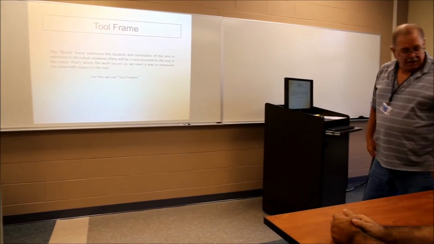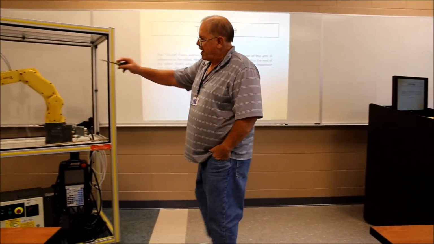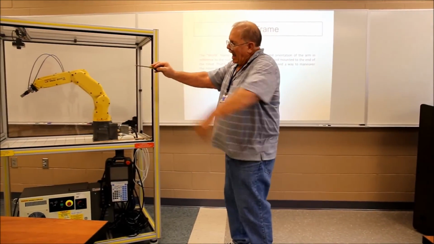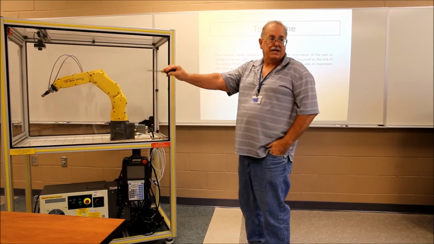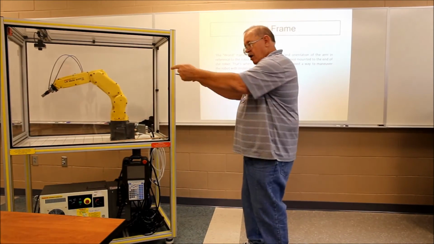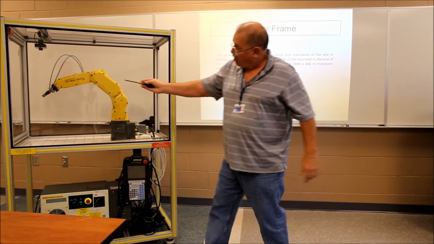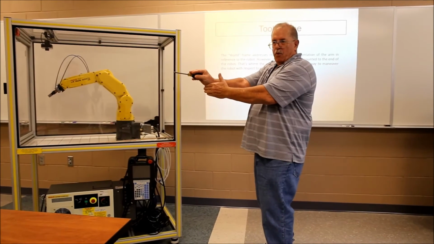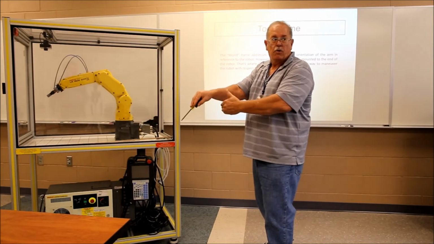If, for instance, I use a screwdriver as an illustration, I don't care where the end of the robot is, I care where the point of this screwdriver is. I need some way to tell the robot where the point of that screwdriver is in relationship to the end of the arm. That way, if I tell it to move the point of my screwdriver to such and such coordinates, it will know where to go to get it there.